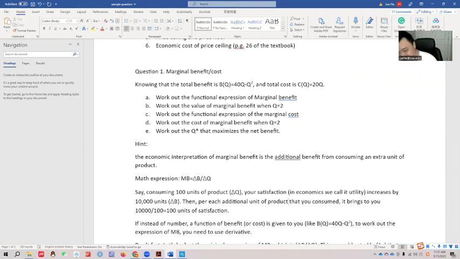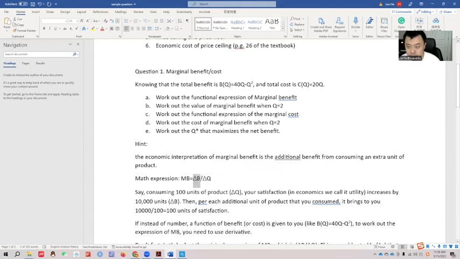It's just an additional unit of the product in question. What is the consequence of either consuming it, if we're looking at the marginal benefit, or the cost of producing it, if we're looking at the marginal cost? So the expression of marginal benefit is delta B over delta Q. We are calculating, for each additional unit of product, its consequence on your benefit.